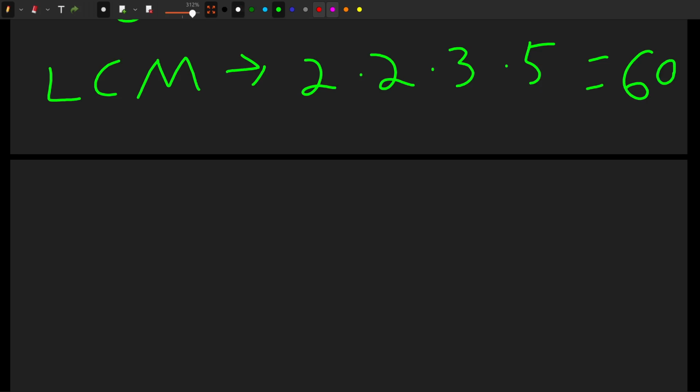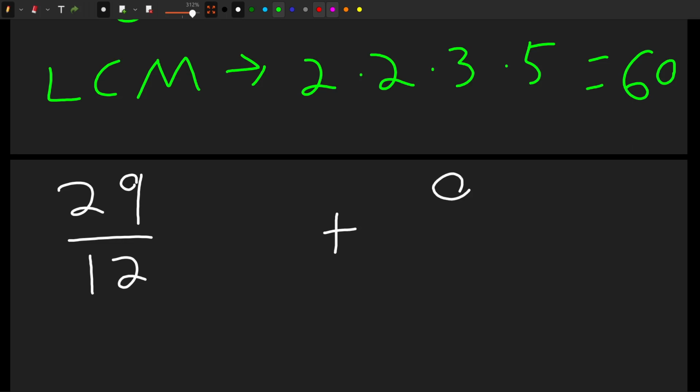All right, so writing our fractions again as improper fractions, we have 29/12 plus 8 over 5.